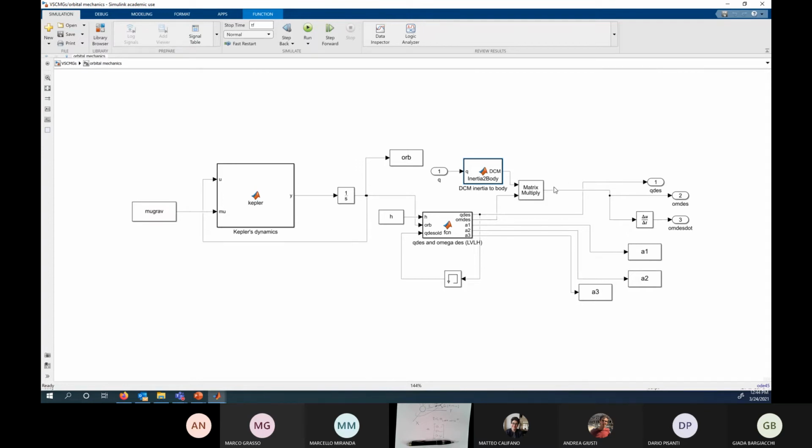I am multiplying the omega desired times this DCM. Any idea what this is doing? Any idea?